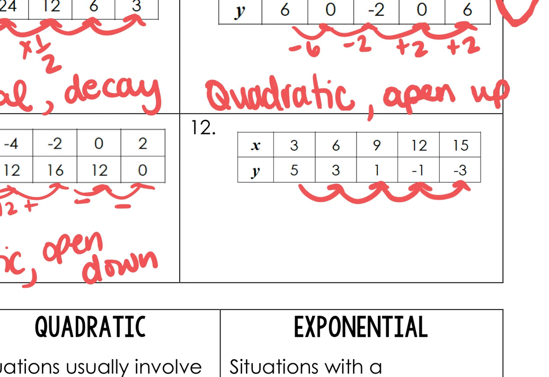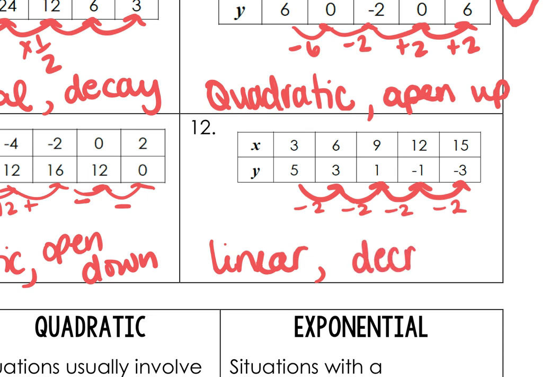It's not being multiplied. 5 to 3 is -2. -2 again, I get 1, -2, -2. So those y values are going down by a common difference versus a common multiplier. So since they're going down by a common difference, that's how we know that it's going to be linear. And it's going down, so it's going to be decreasing.